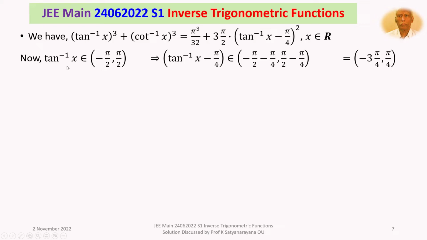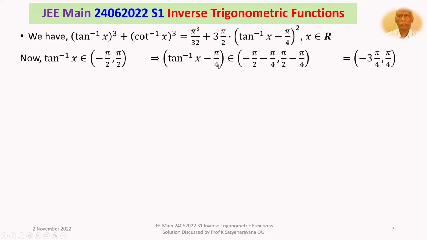Now tan inverse x minus pi by 4 will belong to minus pi by 4 comma pi by 2 minus pi by 4. So minus pi by 2 minus pi by 4 is minus 3 pi by 4, and pi by 2 minus pi by 4 is pi by 4. So tan inverse x minus pi by 4 will belong to this open interval.